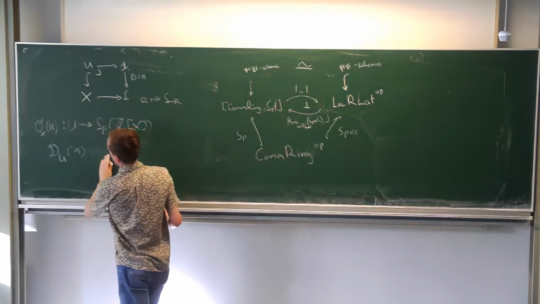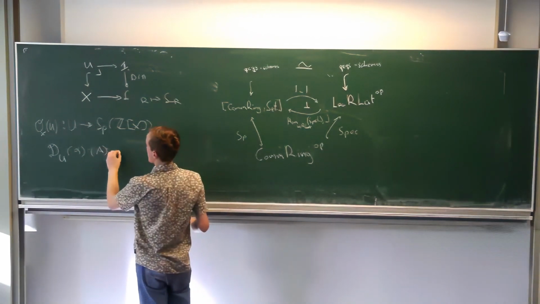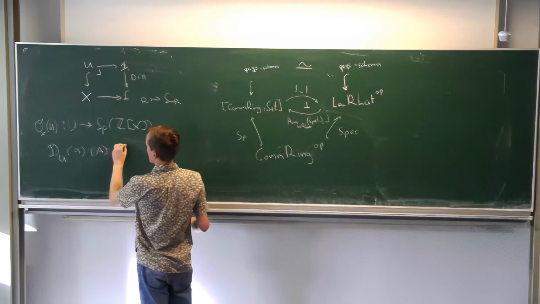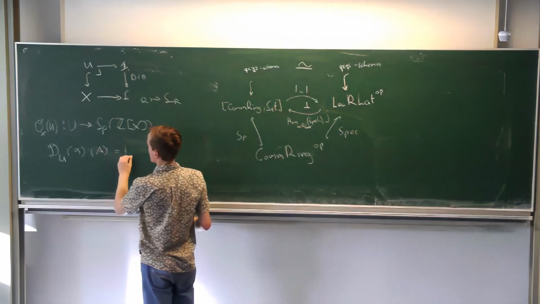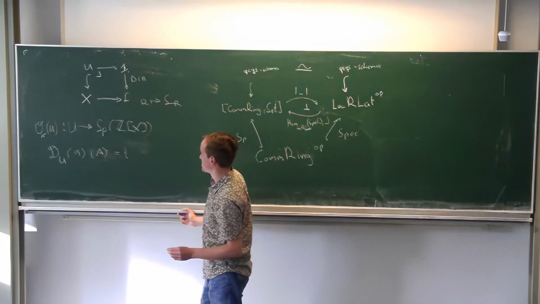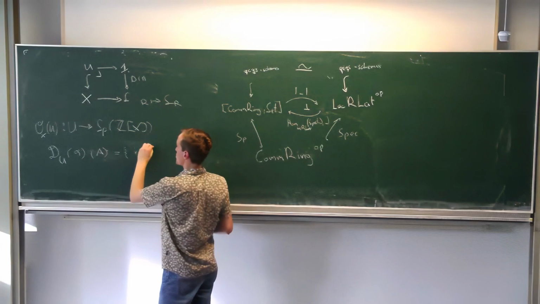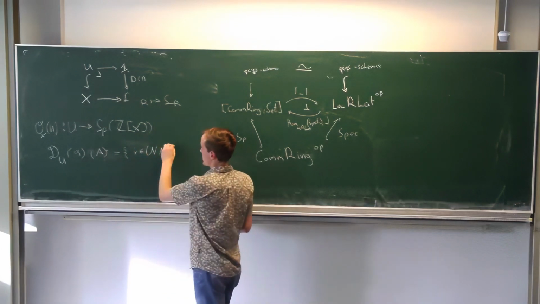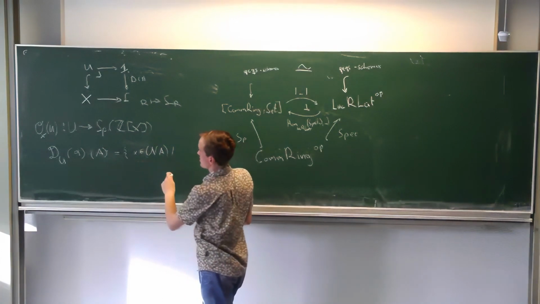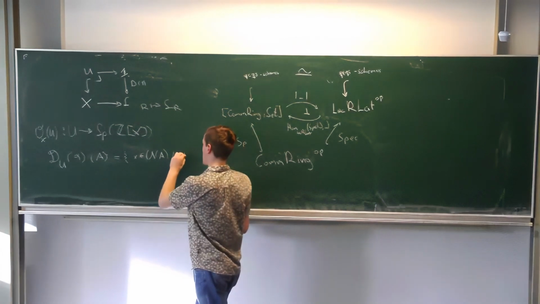So if we look at the A-valued points of this, this will just be the A-valued points of U such that we can take alpha of x.